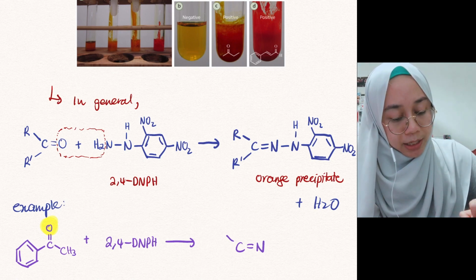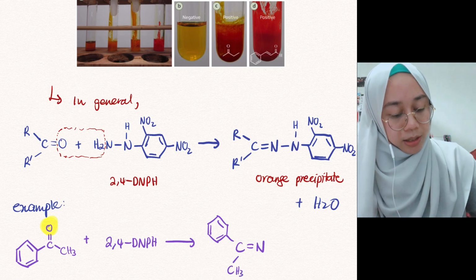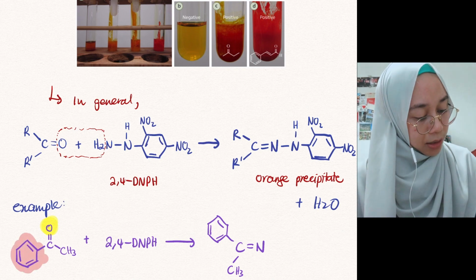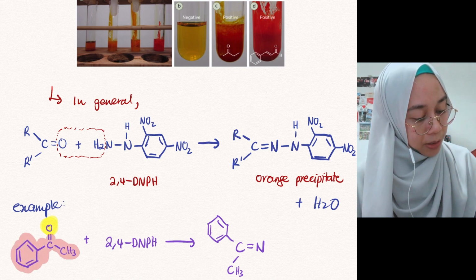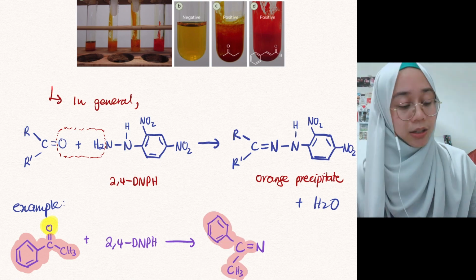Therefore dekat carbon ni tadi dia ada benzene ring kan. Okay, and then dia ada CH3 juga yang attach dengan dia. Okay, so ini kelas, takut kamu tak nampak pula bahagian ni dengan termasuklah double bond ni. Okay, so itu bahagian dia.